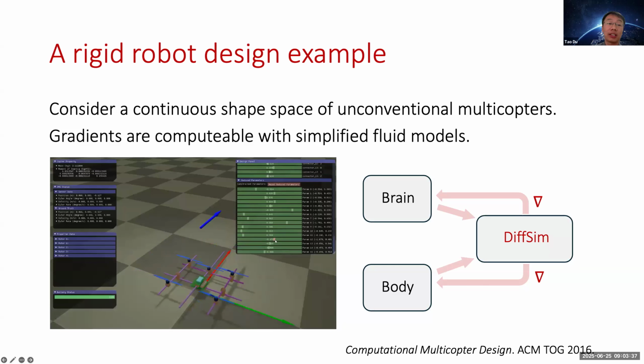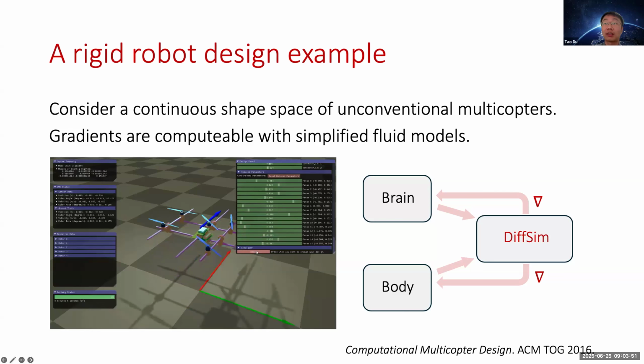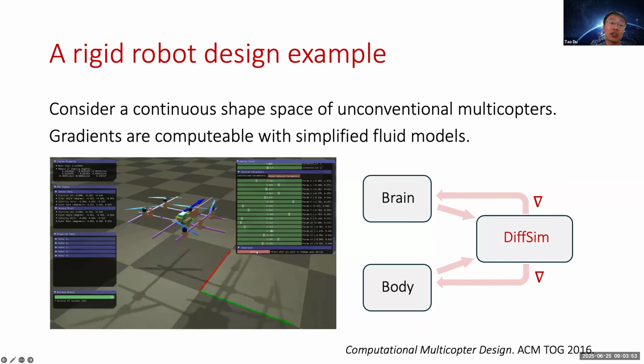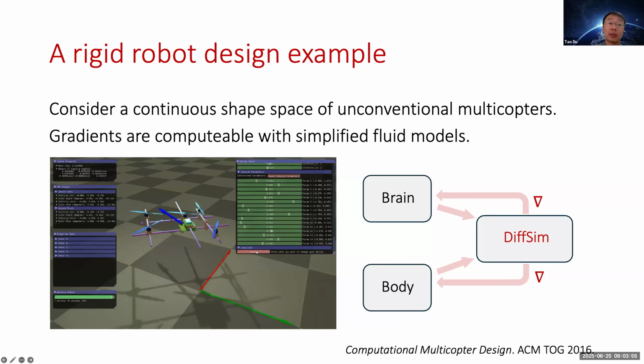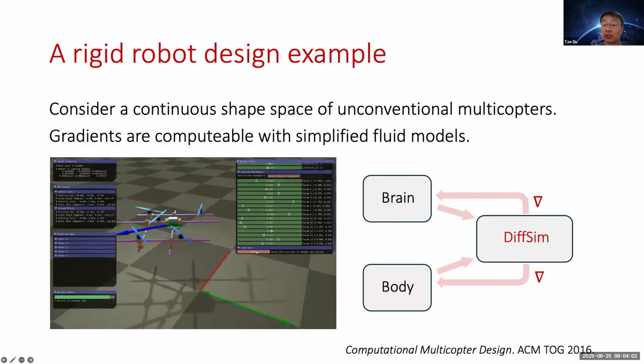So the left video here visualizes the shape space by manually varying the continuous shape parameters. And furthermore, we equipped each shape with an LQR controller, which is also parameterized by continuous parameters. The combination of the shape and the controller parameters enables the flight of this multi-copter design in simulation.